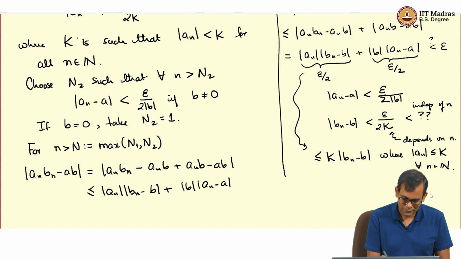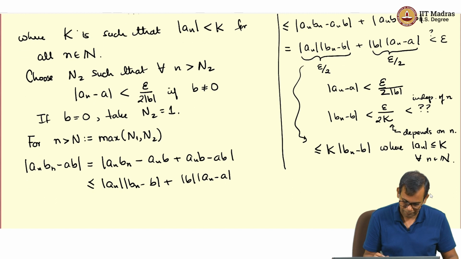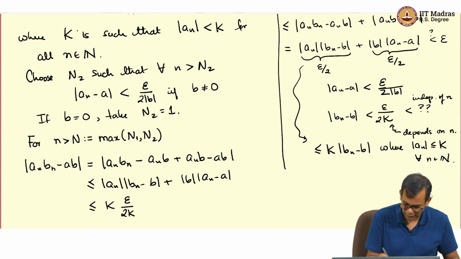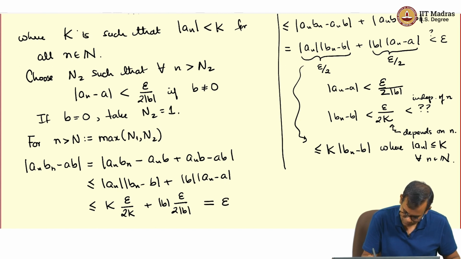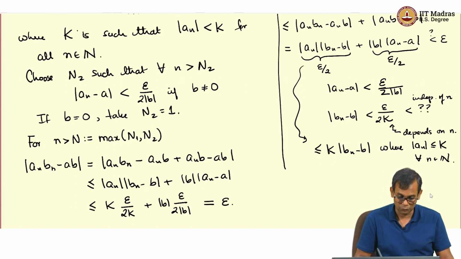It is less than epsilon by 2k, and a_n itself is less than or equal to k. So this is less than or equal to k times epsilon over 2k, plus the absolute value of b times epsilon over 2 times the absolute value of b, which is equal to epsilon. And so the sequence a_n b_n converges to ab.